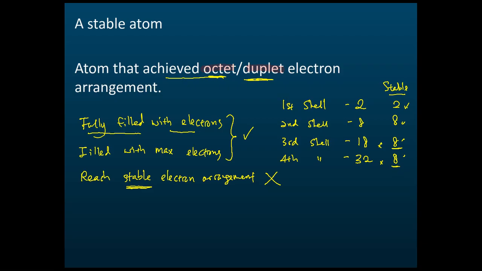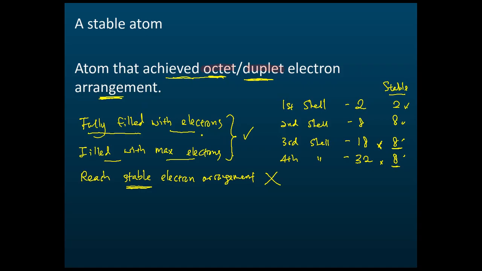Not necessarily must it be fully filled, and not necessarily must it be filled with maximum electrons. So you should say it achieves octet or duplet electron arrangements. I didn't say this is wrong. Most of the time your marker accepts this answer.